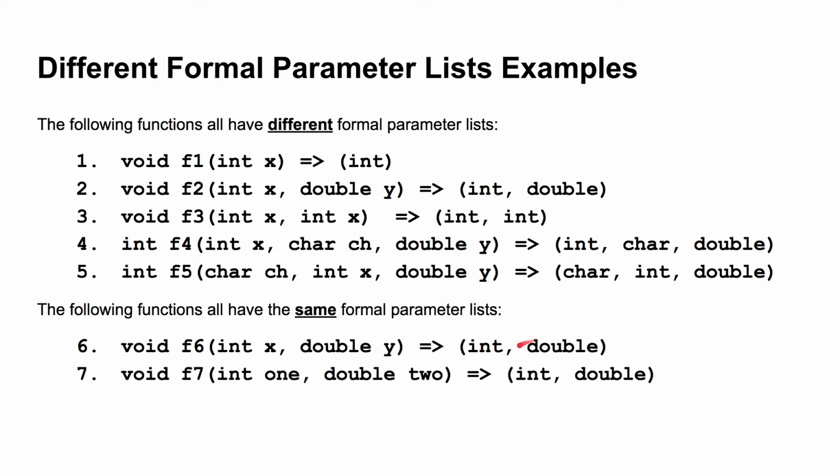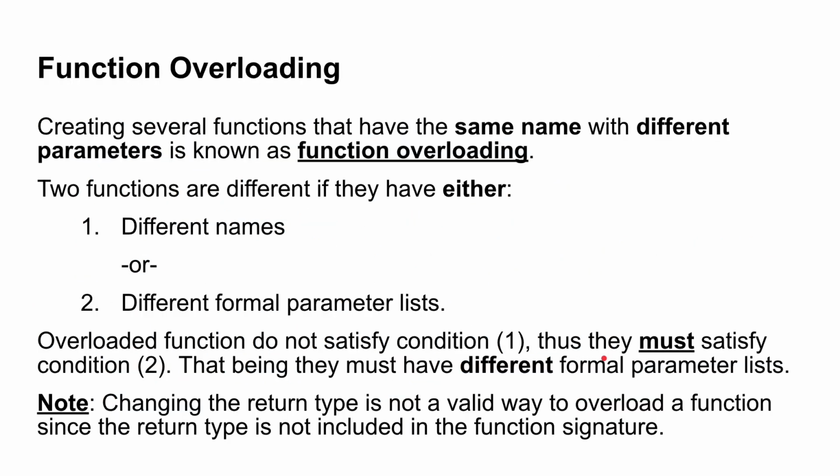So it just boils down to that they have the same formal parameter list because they have the same data types in their formal parameter list, the same length of formal parameter lists, and those data types are in the same order.